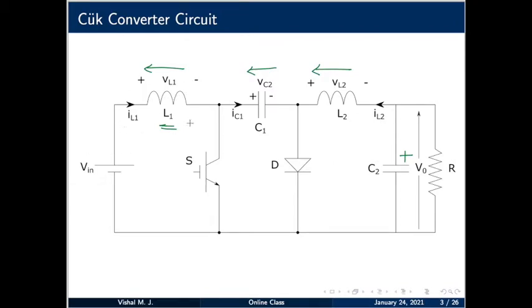So, we have an input filter as well as an output filter. In earlier circuits, we did not have an input filter. So, this one will serve as an input filter. Now, let us try to derive the voltage gain of this Cuk converter.